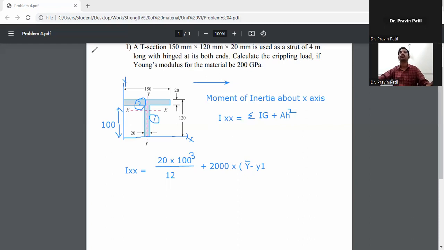I will write down this value here. First of all, once again we will calculate.